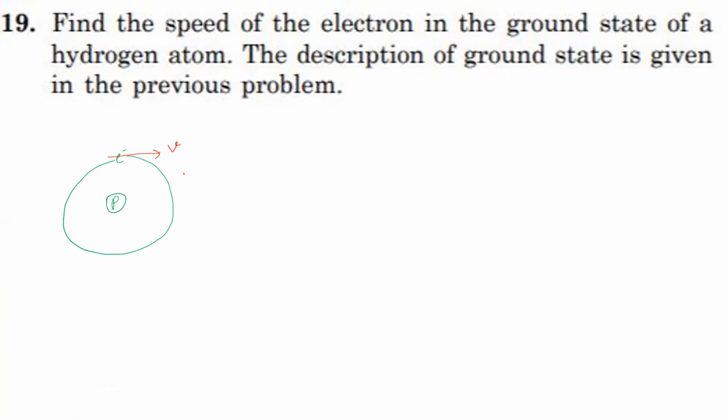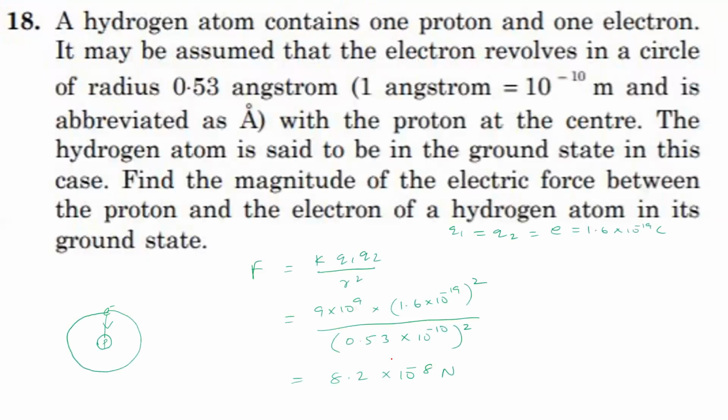Now we need to find the velocity, known as the speed of the electron in the ground state. For that, it is moving in a circular path, so a centripetal force is required. The centripetal force is provided by the electrostatic force between the proton and the electron. The electrostatic force we calculated in the previous problem as 8.2 into 10 power minus 8 Newton.